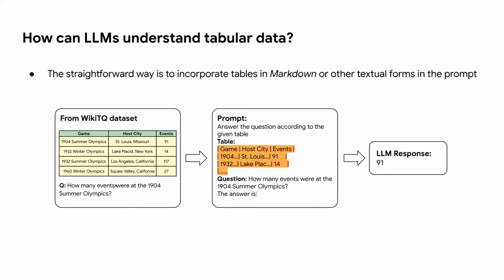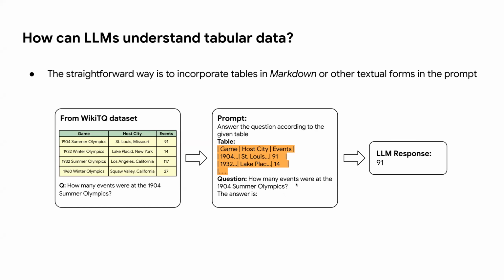We have a table, we have the question, and we convert the table into Markdown with pipes in the middle. Then this becomes a new, more complex prompt. The large models are trained to understand the Markdown format, and then they can do the tabular reasoning.